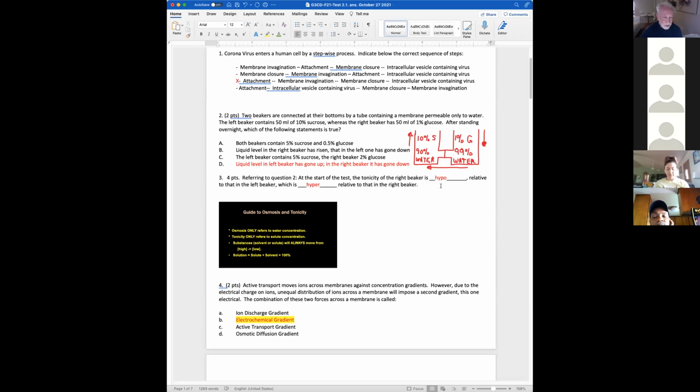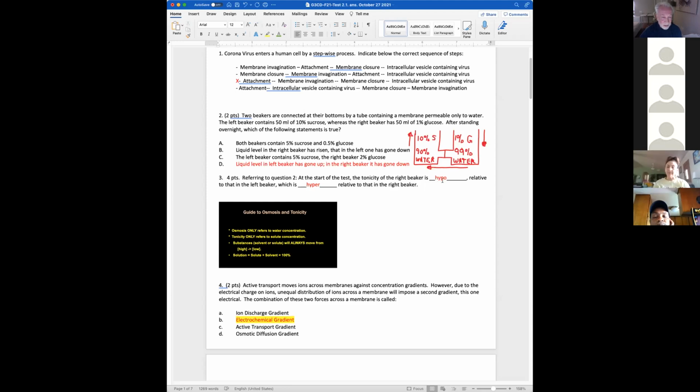And you use the rules again for the next question, which refers to the previous one. The tonicity of the right beaker is what relative to the tonicity in the left beaker? So tonicity refers to solute. So in the right beaker, the solute is low compared to the left beaker.